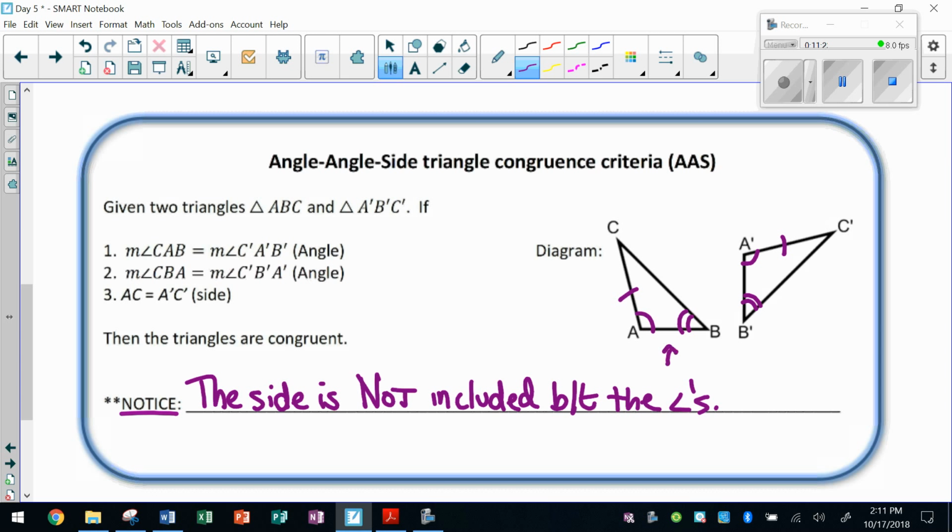It's over here on this side. So be really careful. If it were AB that was congruent to A prime, B prime, it's angle side angle. But because it's AC, which is not included, it's going to be angle side. Okay? Be careful. All right, moving on.